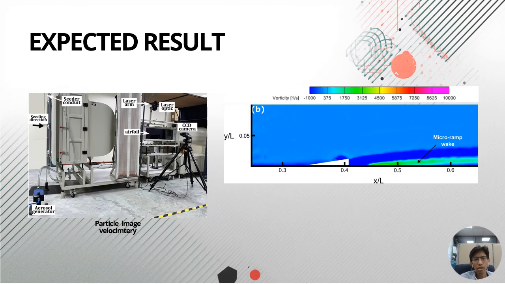The second experimental setup is particle image velocimetry. If we test a flow control on top of the aerodynamic model inside the wind tunnel, we can see that as the flow moves towards the model, there are changes in vorticity downstream of the flow control, where this flow enhances the flow and gives an upwash and downwash momentum so that it delays the flow separation.